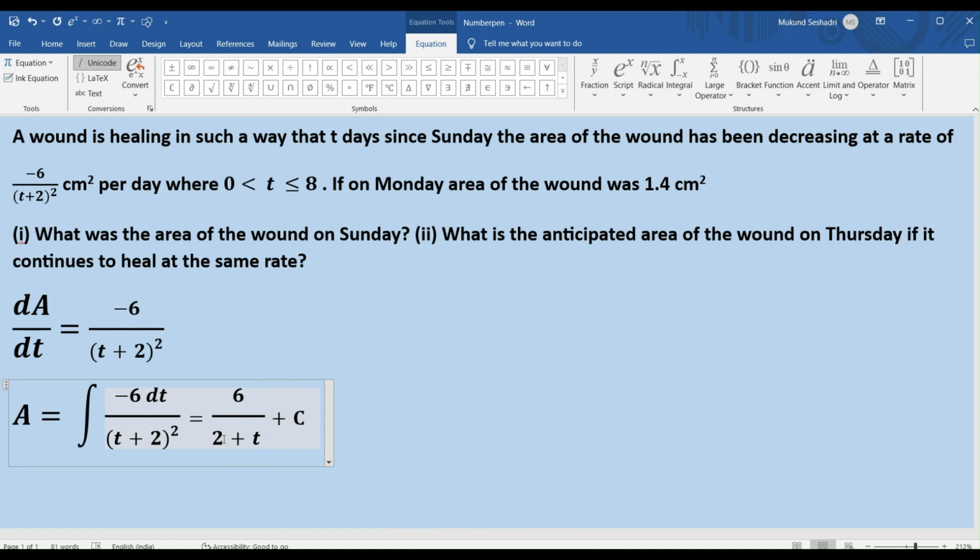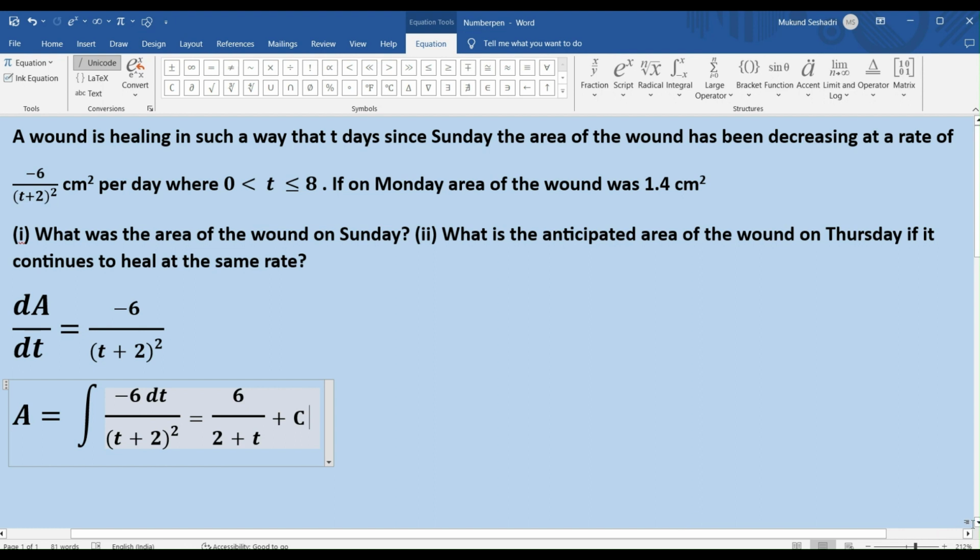Why is that? Because the area of the wound is decreasing at a specific rate. And my A refers to the area of the wound on any day starting from t equals 0. For me to solve this problem, I will have to figure out what my C is.